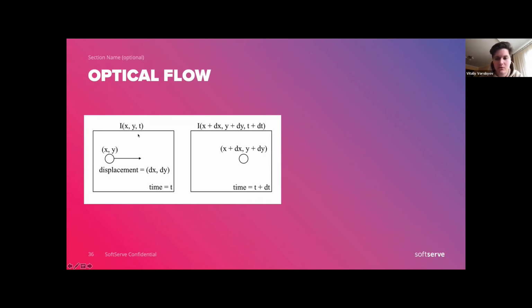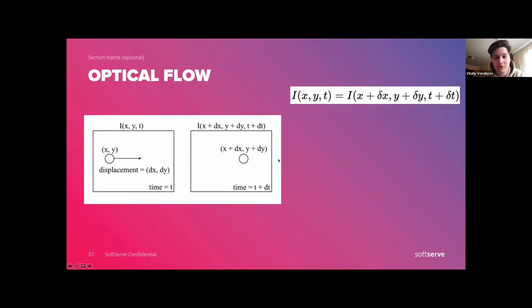In other words, if we take the first image, this frame on the left side of the presentation, and move its pixels by delta x and delta y in this direction over time t, we obtain a new image I, where our x will be equal to x plus delta x, y plus delta y, and t plus delta t.